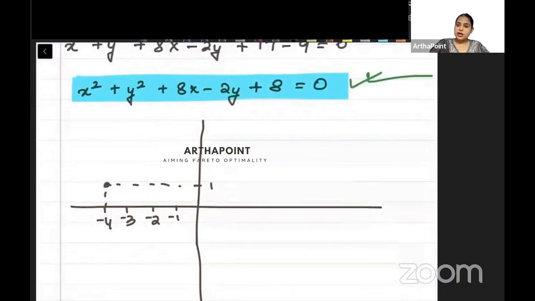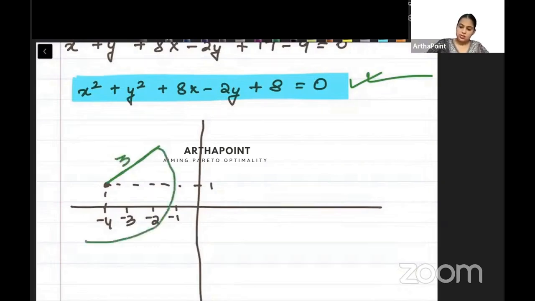And from the center, the radius of the circle is 3. So the distance between the center and the circumference, the edge of the circle, is 3. So the circle will be plotted like this.